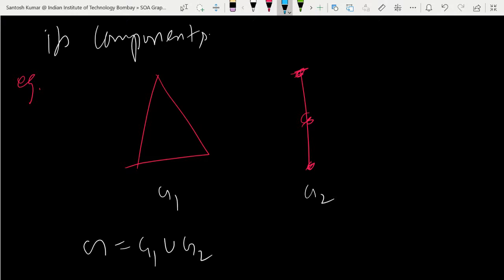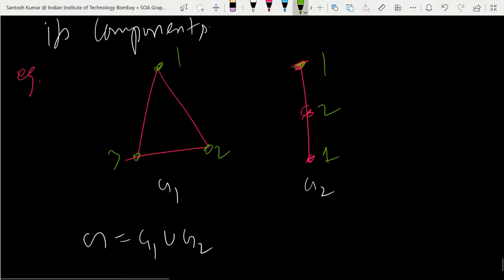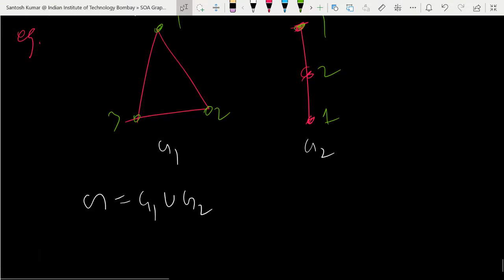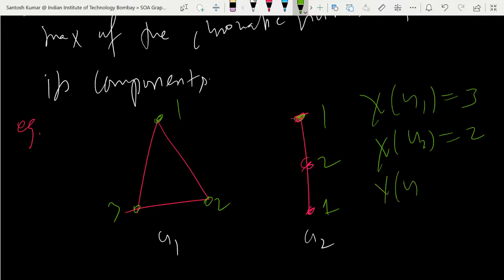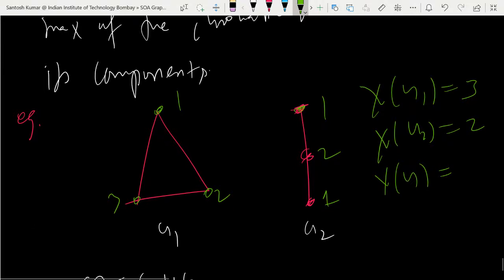So it's simple. What is the chromatic number of this? You know, this has 1, 2, 3. You can take here 1, 2, 1. So the chromatic number of G1, you see, is 3. Chromatic number of G2, you see, is 2. So for the chromatic number of G, we see in all how many colors we used, the minimum number of colors required to color all the vertices.